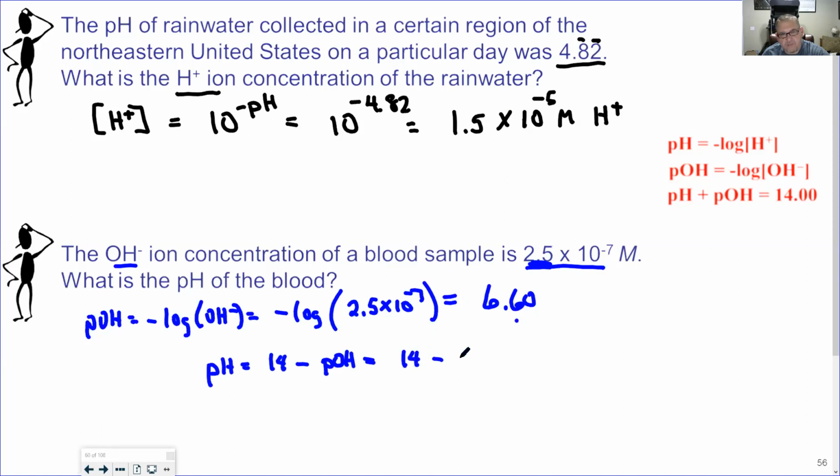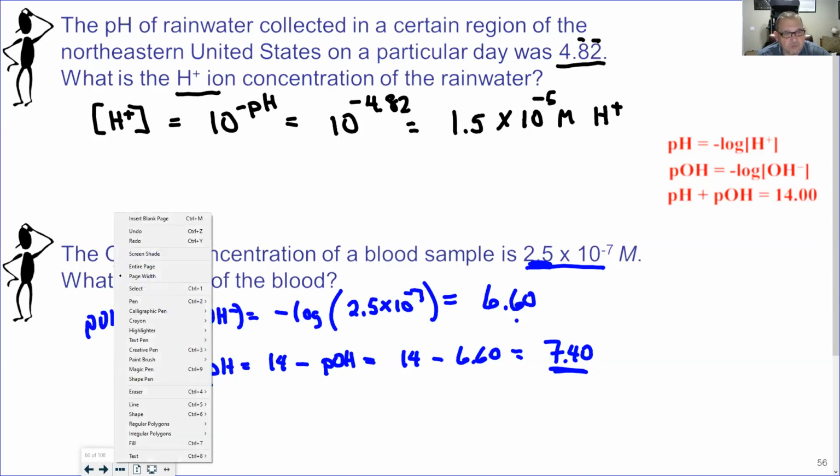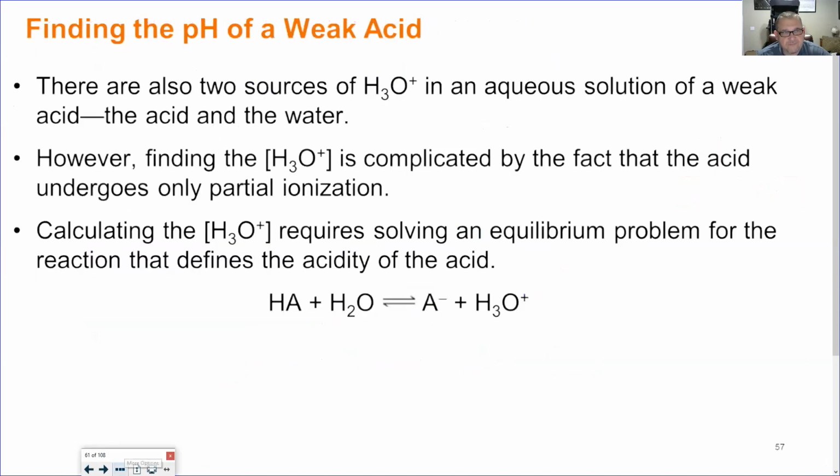So 14 minus 6.6, and I find that the pH of that solution is 7.40. All right, so in terms of human health, 7.40 is exactly physiological pH. So that tells me that that's a healthy individual in the world.